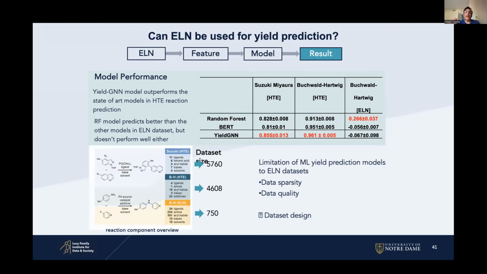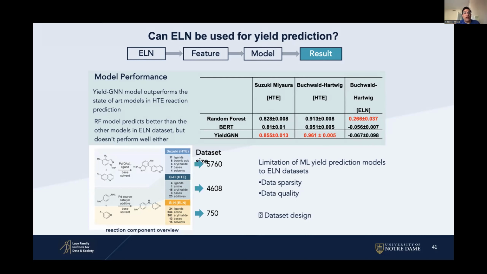The ELGNN, which is a graph neural network method, did poorly; these are R-squared values. And the challenge was that the data quality is very poor in electronic lab notebooks, highly sparse, and we don't quite have a mechanism of really doing data set design from these sparse, low quality data.